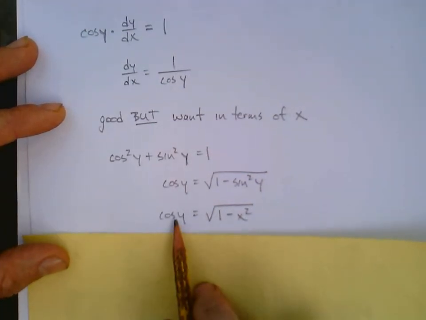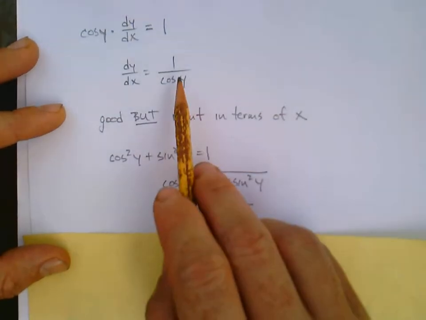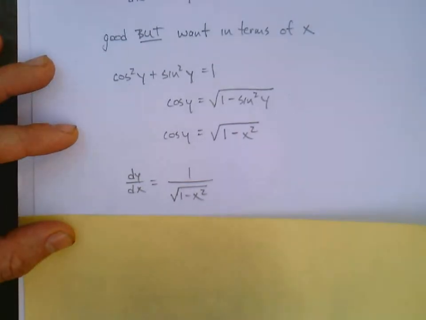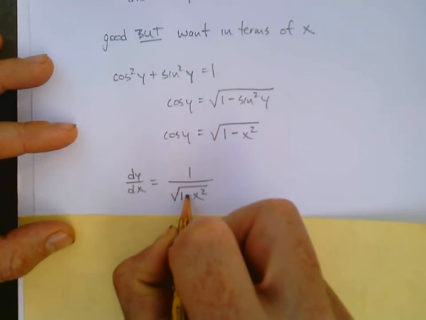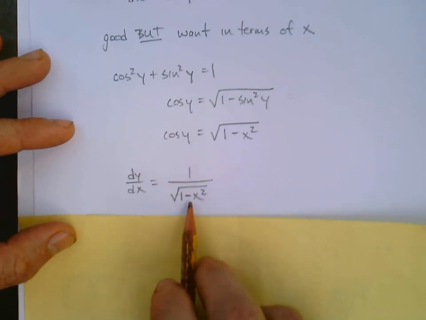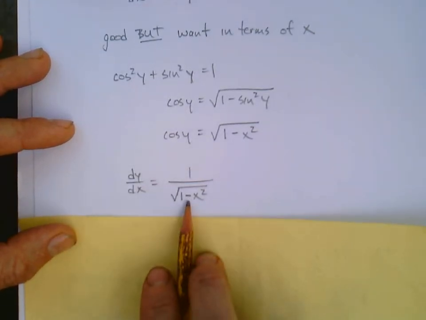So we just found that the cosine of y equals the square root of 1 minus x squared. This whole thing goes in for the denominator, and that's the derivative of inverse sine of x. 1 over the square root of 1 minus x squared. Okay, so we've proven this one.